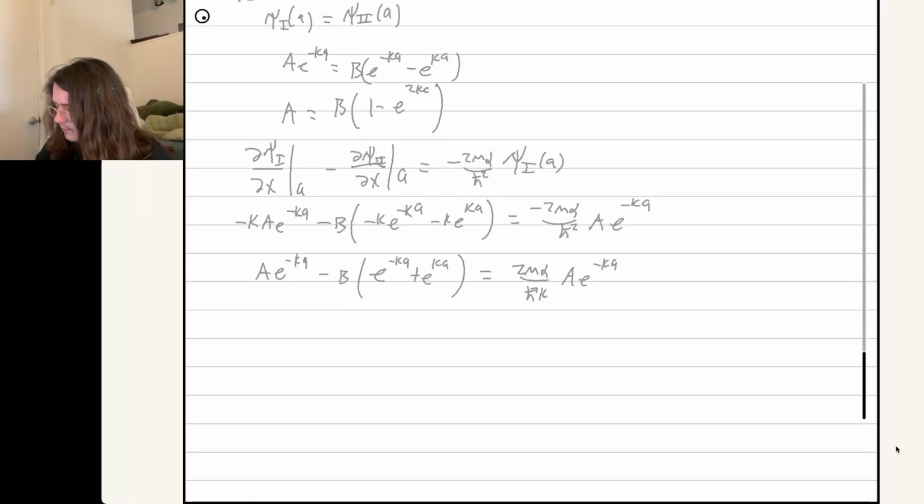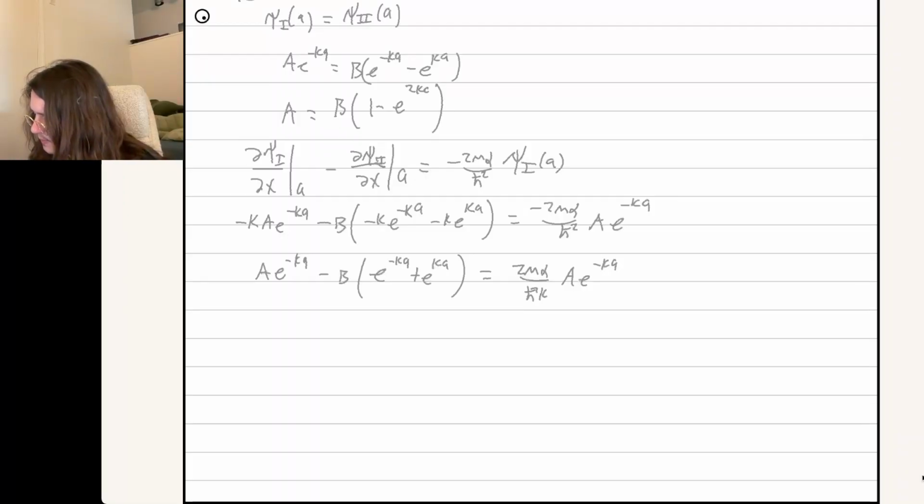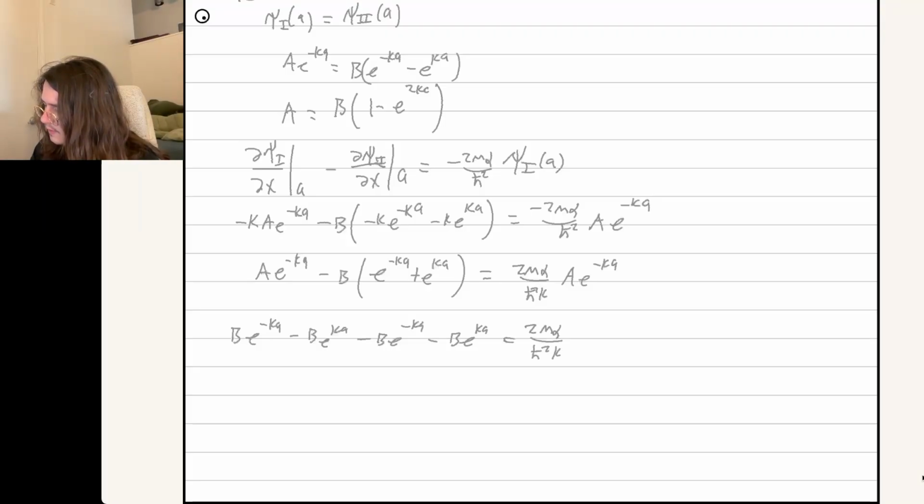But we can plug in our expression for a up there. We have b e to the minus ka minus b e to the positive ka. We have minus b e to the minus ka minus b e to the ka on that side. And then on this side we have b e to the minus ka minus b e to the minus ka. And that should do it.